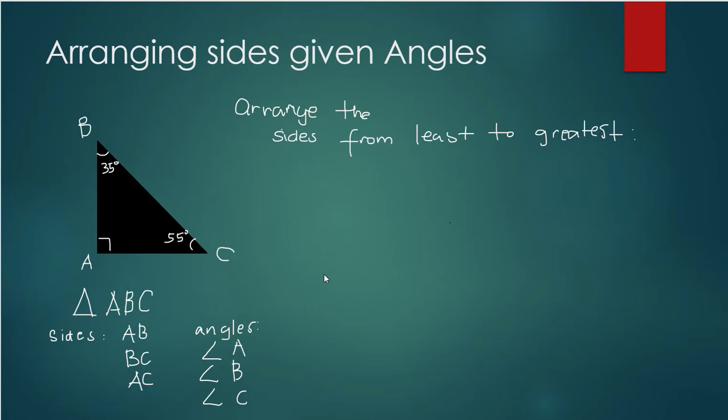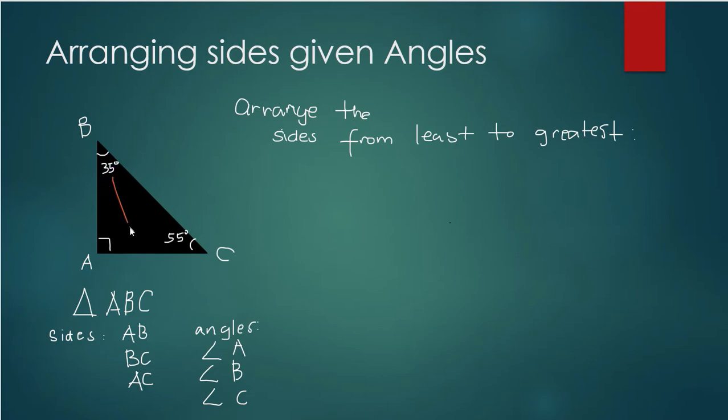So how do we arrange sides? This is the thing that you should always remember. The least angle, you would know what's the least side. It's actually opposite to each other. The least angle, opposite to that is our least side.